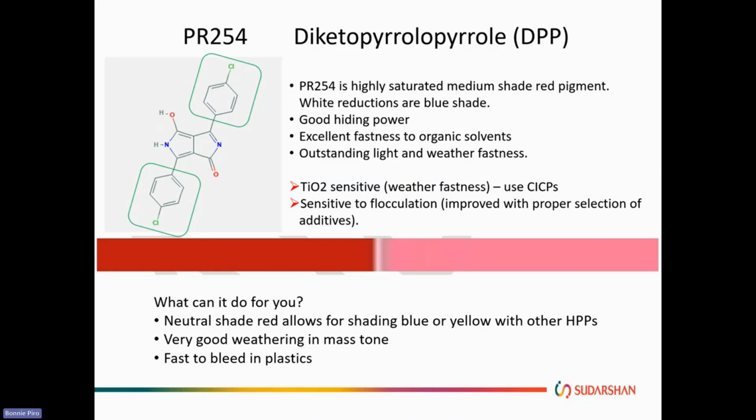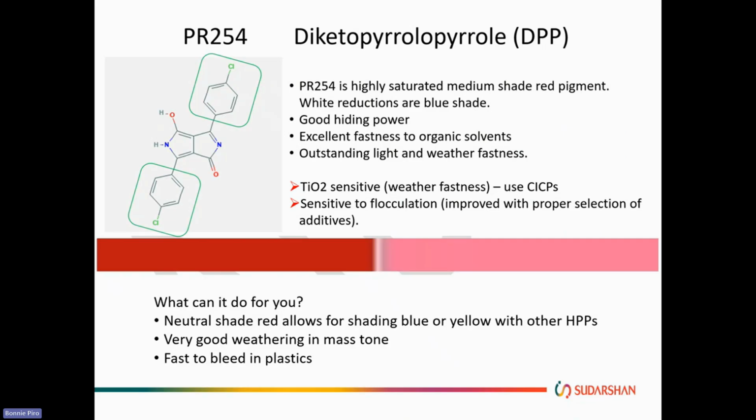So it comes with all of the various technical properties that go along with high performance pigments. One thing to keep in mind as you're using this chemistry is that it's going to be TiO2 sensitive with respect to weather fastness.